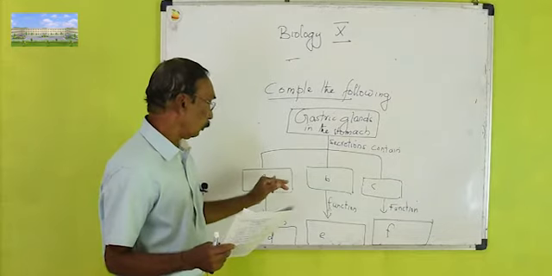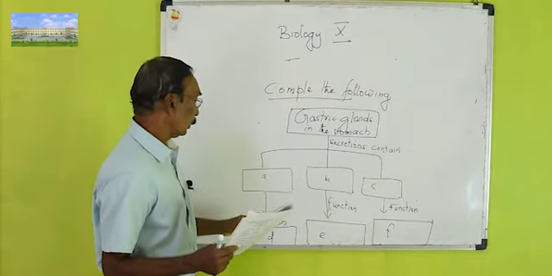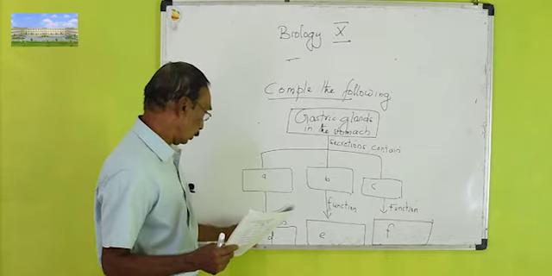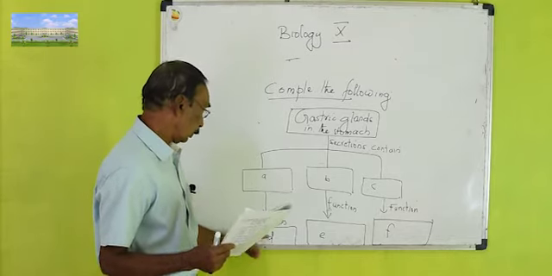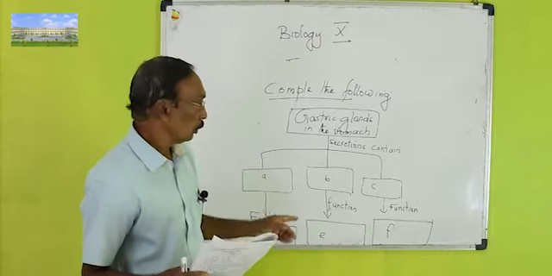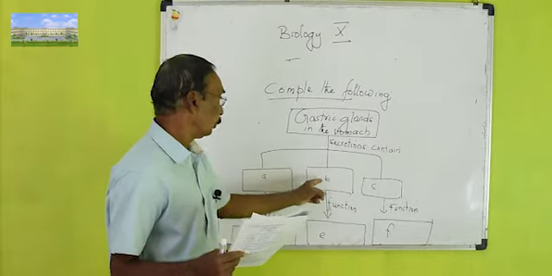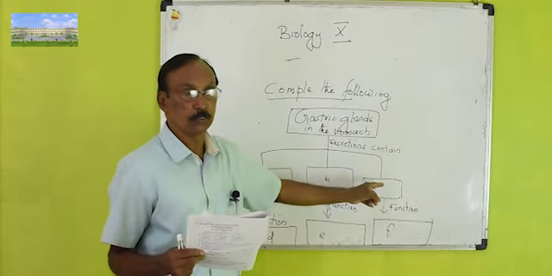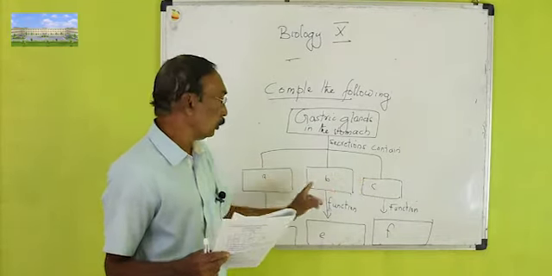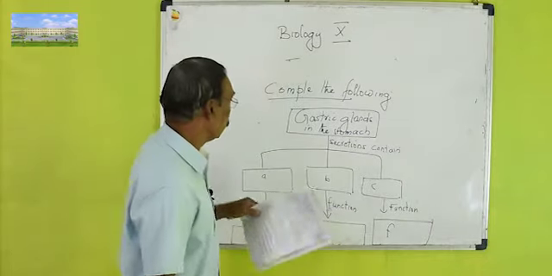You have to write what is A, B and C in gastric juice, and then what is the function of each? A function here, B function here, C function here. This is a 3 mark question, meaning each answer will get half a mark, and this is one question that was there in last year's question paper.